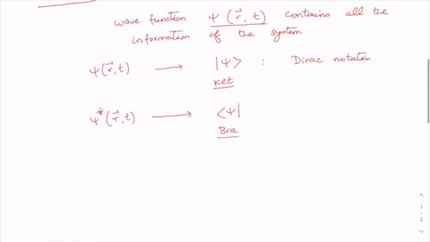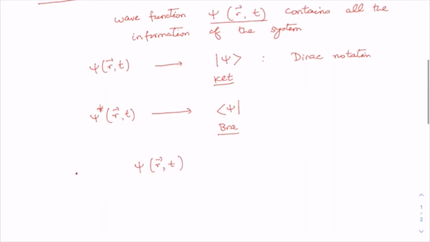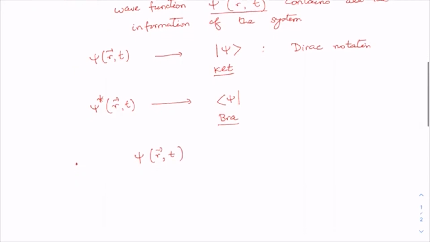Also, it is known that this wave function, if it has to be a valid representation of the system, has to be normalized, and that means that this relation has to be satisfied: the integral of the modulus squared of psi of r,t, dτ, where dτ is the volume, has to be equal to 1.